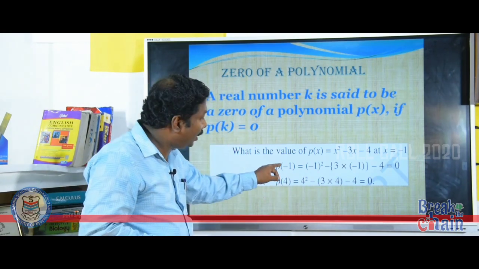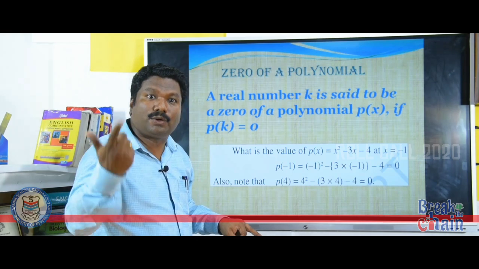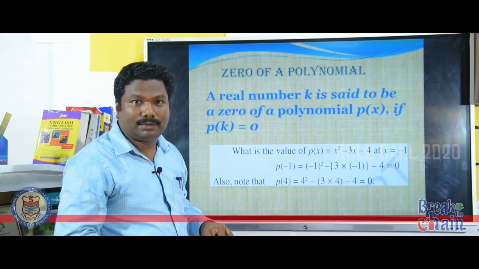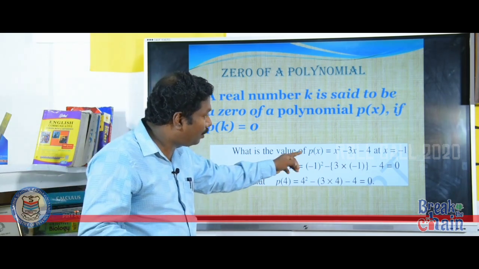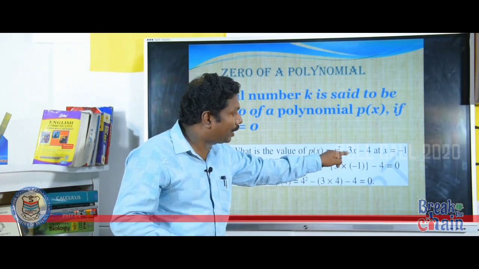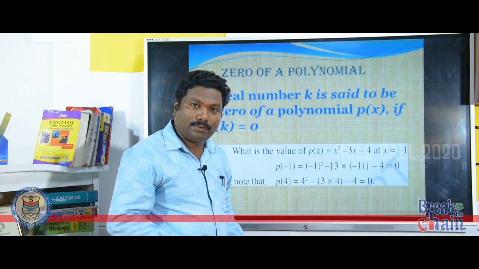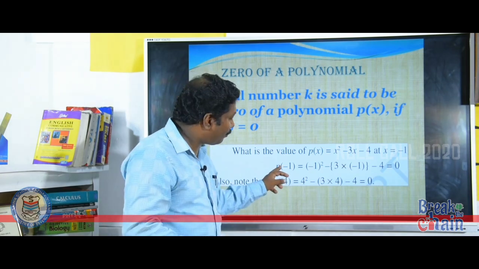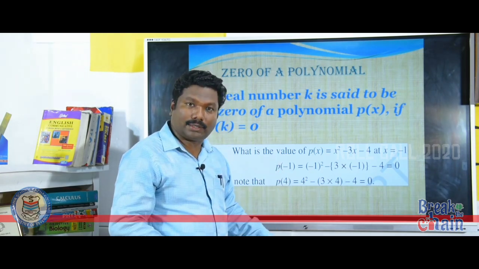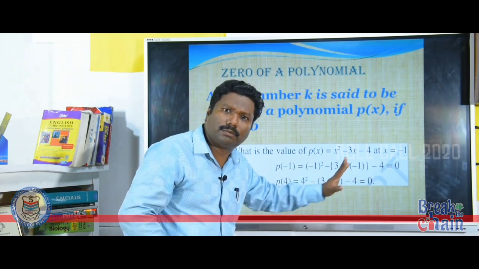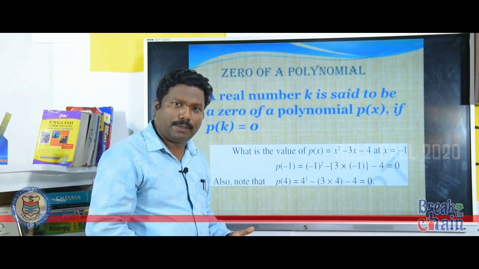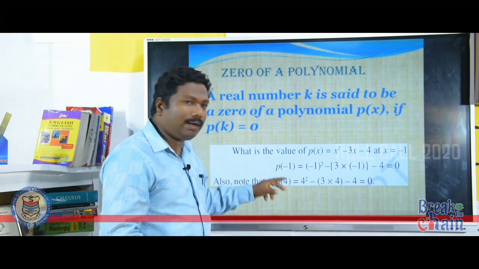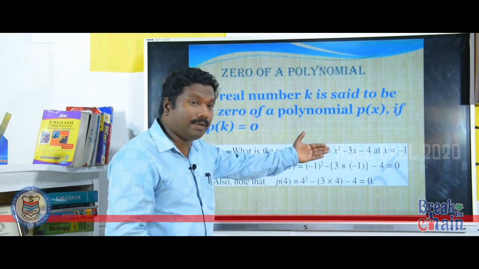Therefore, minus 1 and 4 are zeros of the given polynomial. Here the polynomial P of x is x square minus 3x minus 4. After simplification, P of minus 1 becomes 0, and P of 4 becomes 0. That means minus 1 and 4 are zeros of the given polynomial.